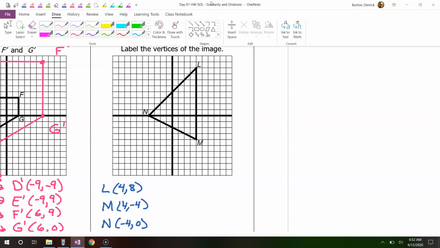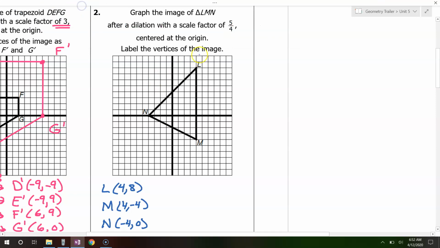All right, so we need to do this dilation. This time the scale factor is 5/4. So in each case, I need to multiply the x value and the y value by 5/4.